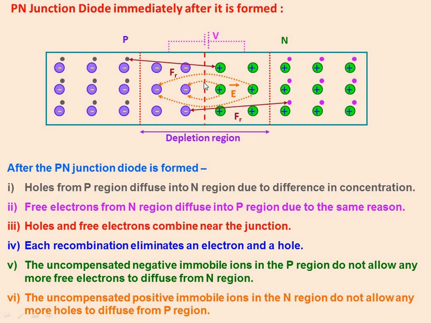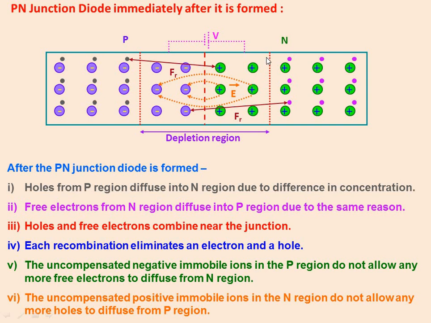So near the junction on either side, the free electrons from N region migrate towards the P region, which you have already seen, and the holes in the P region migrate towards the N region. Isn't it? We have already seen this already. P type, N type.